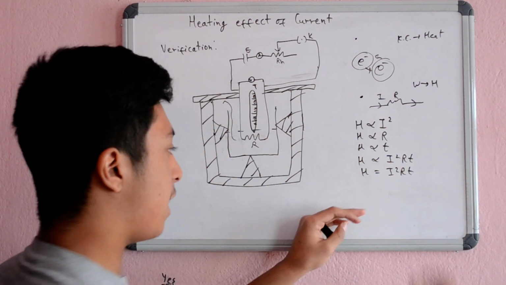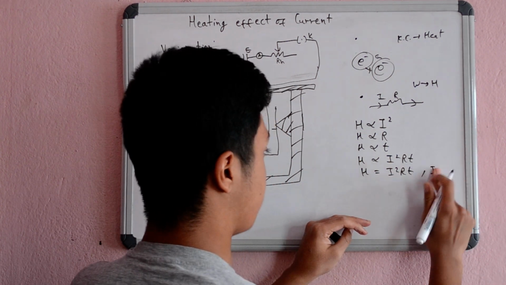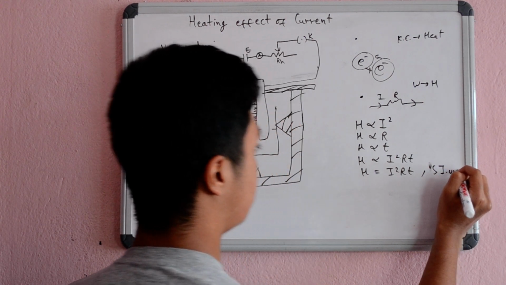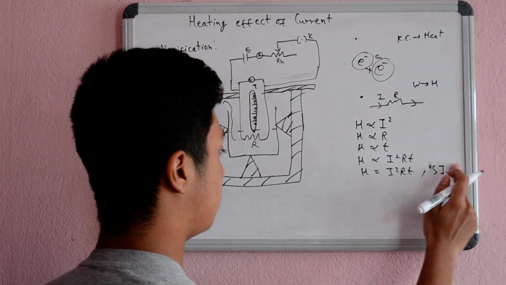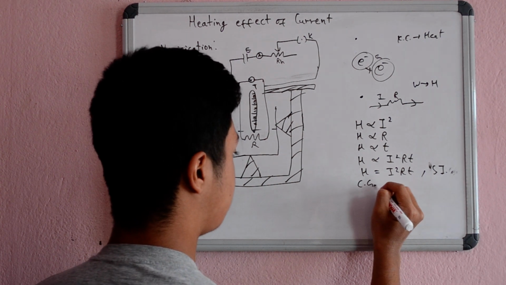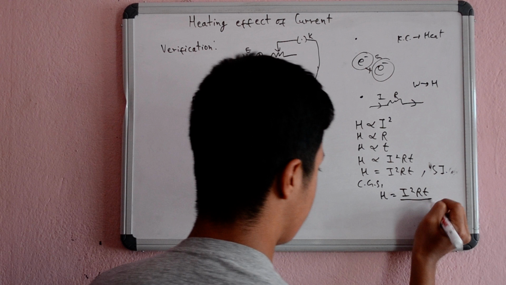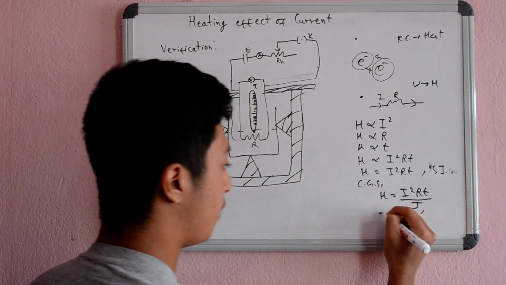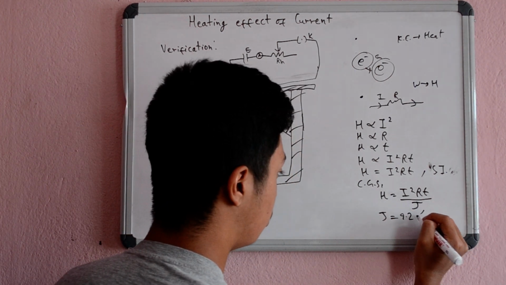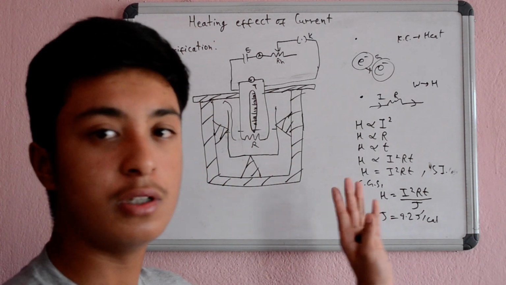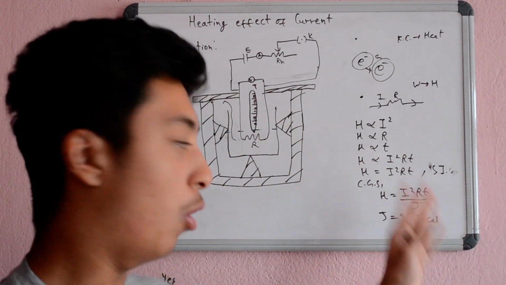This is for the SI system. For the CGS system, the heat produced is equal to I square RT by J, and this J is equal to 4.2 joule per calorie, which is known as Joule's mechanical equivalent of heat.